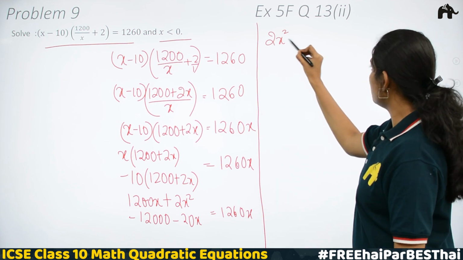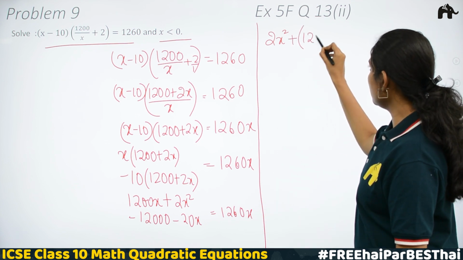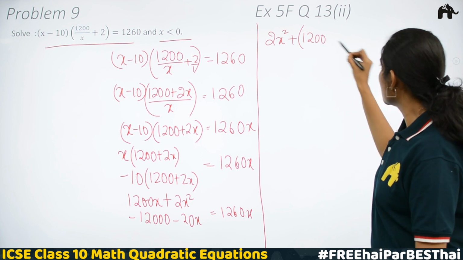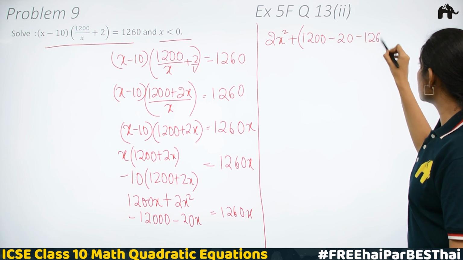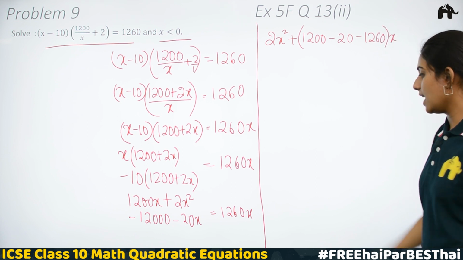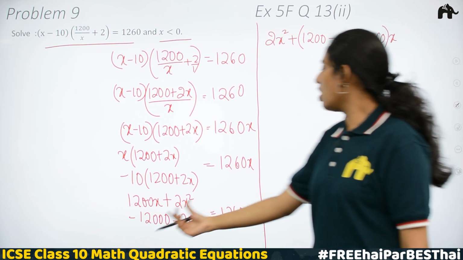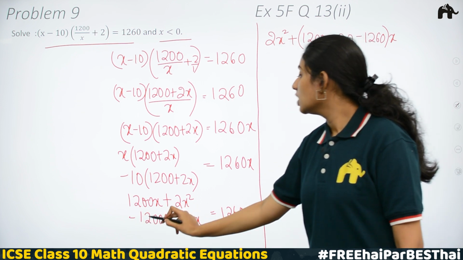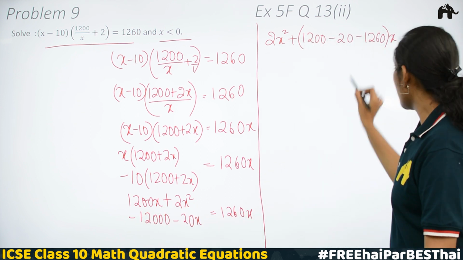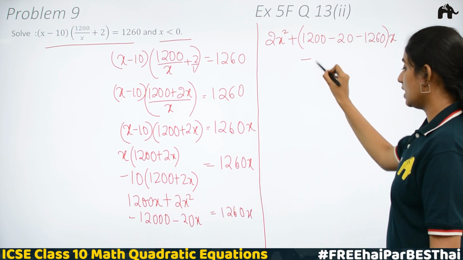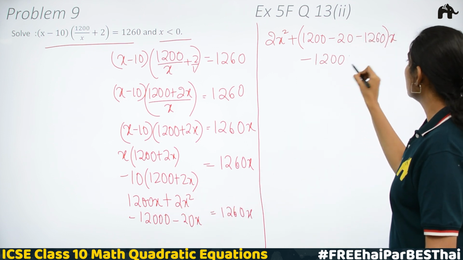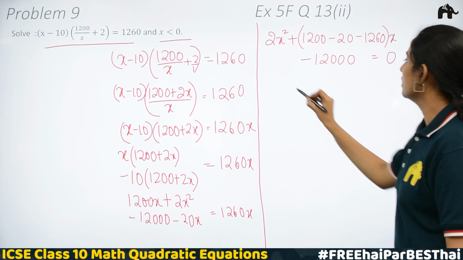That is plus 1200 minus 20 minus 1260 into x. And the constant is 12,000, that is minus 12,000, because we have a negative sign here. Minus 12,000 is equal to 0.